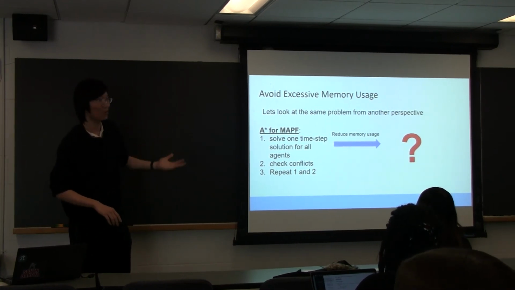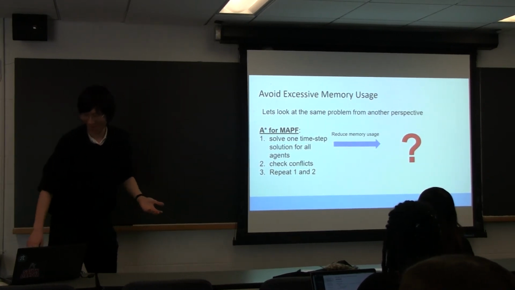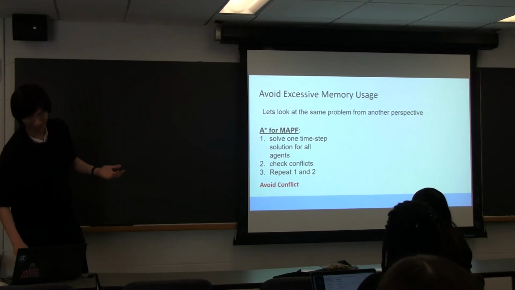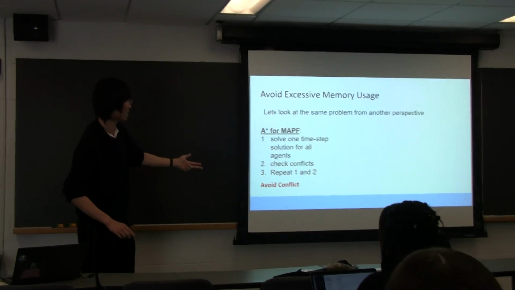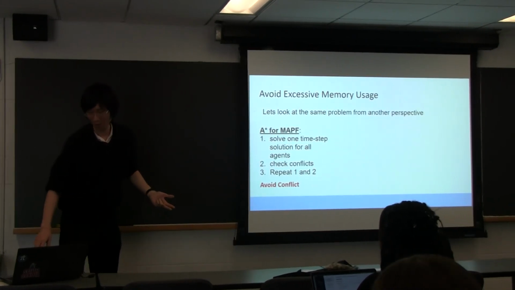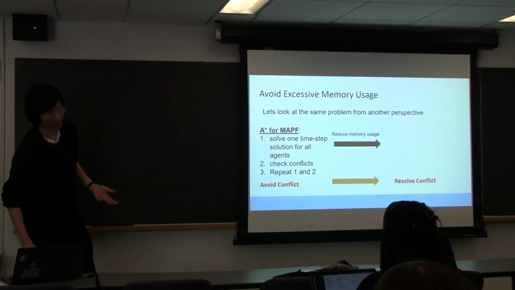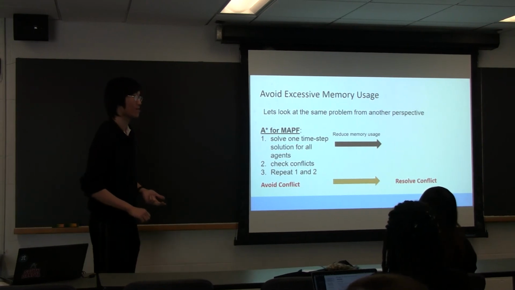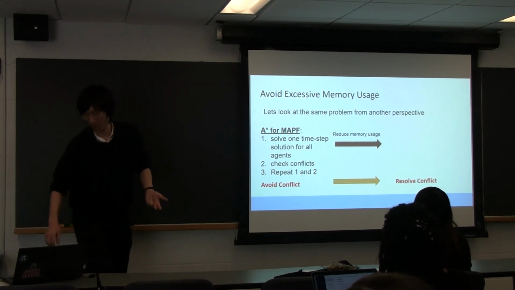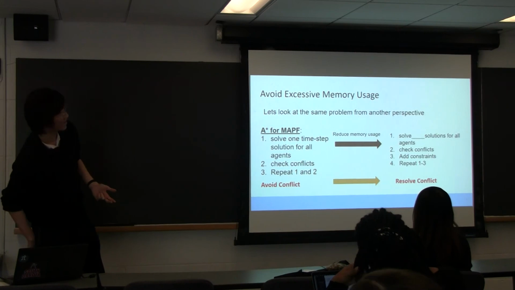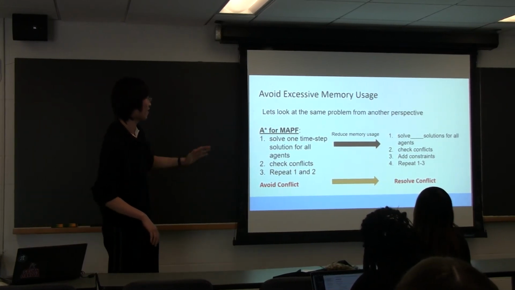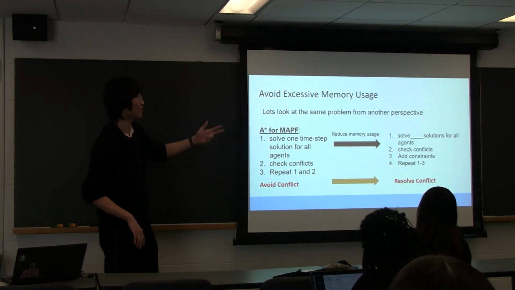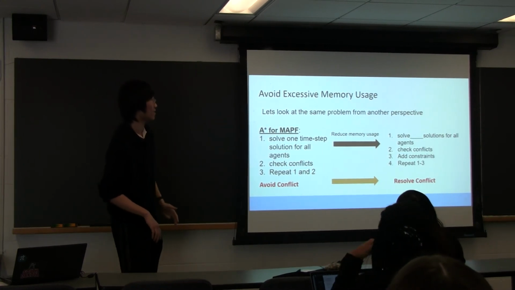So how do we reduce the memory from this? Well, maybe we can look at it from another perspective. This is trying to avoid conflict. But what if we try to resolve conflict? If I just give you a basic outline of the algorithm, can anyone fill in the blank of that page?